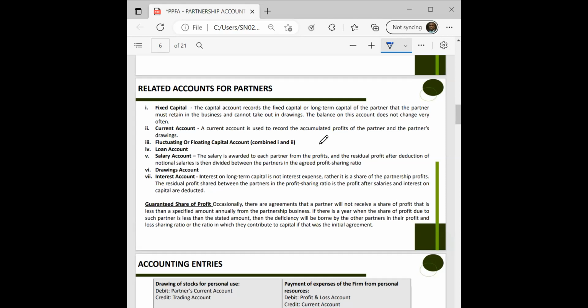Meaning that the fluctuating capital account is also the one that holds the fixed capital of the business. It's the same account that they use for accumulated profits, and is the one they use for withdrawal. So that's a fluctuating or floating capital account. We have the loan account. That one is self-explanatory.